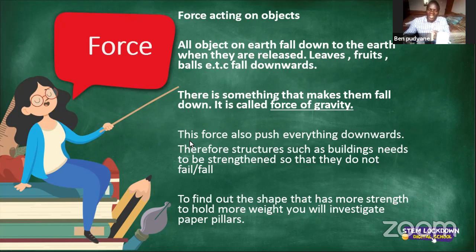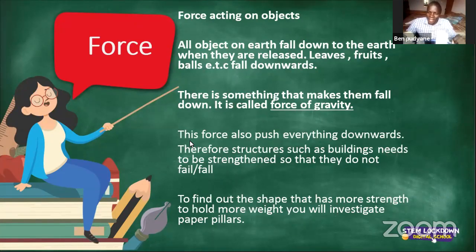All objects on earth fall down when they are released. Leaves, fruits, balls, everything falls downwards. We call this the force of gravity. This force wants things to fall down. When you take something upwards, it goes down because of this.